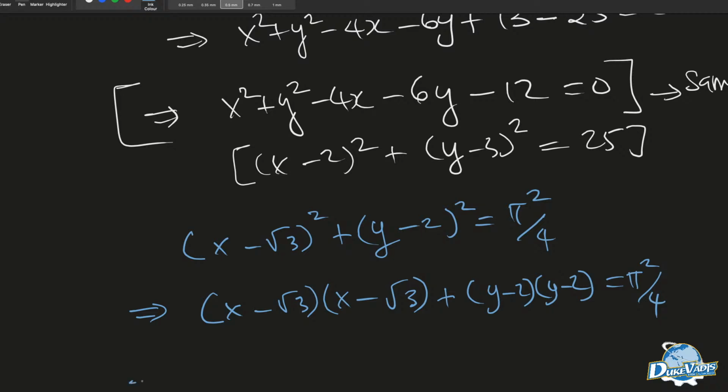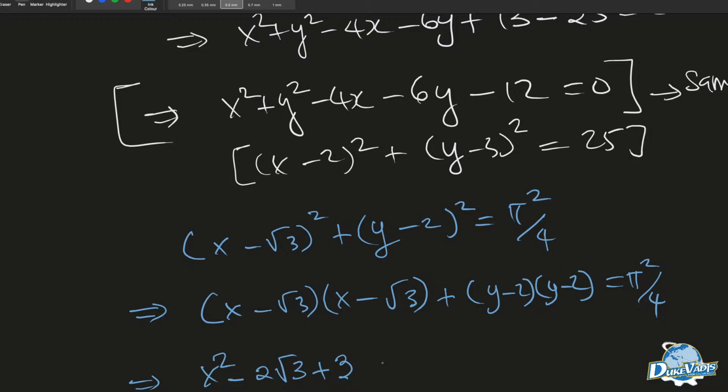Then this will be x squared minus 2 root 3 x, plus root 3 times root 3, so this will be plus 3. That has made life easy for us.